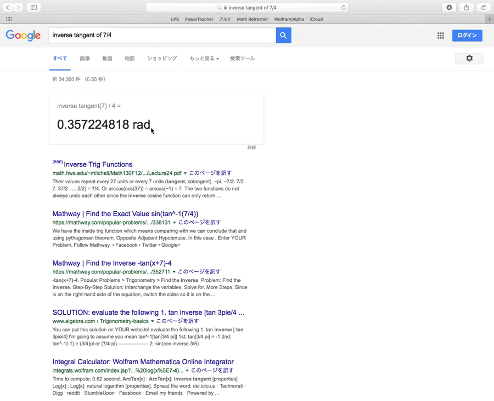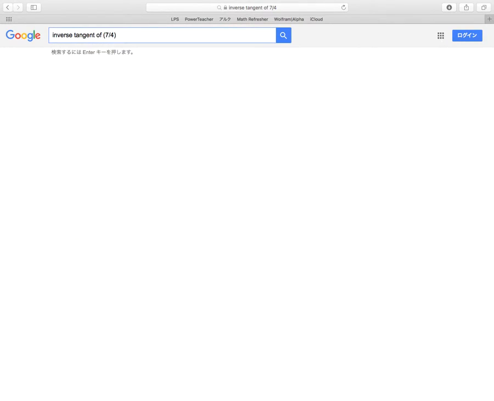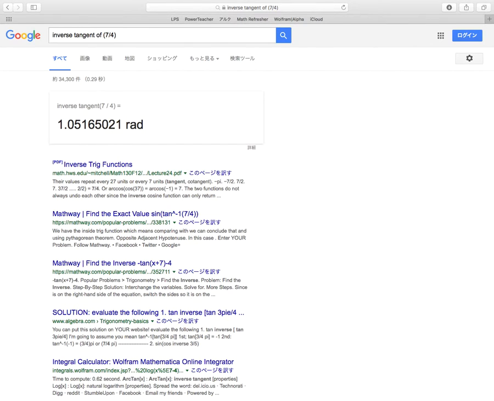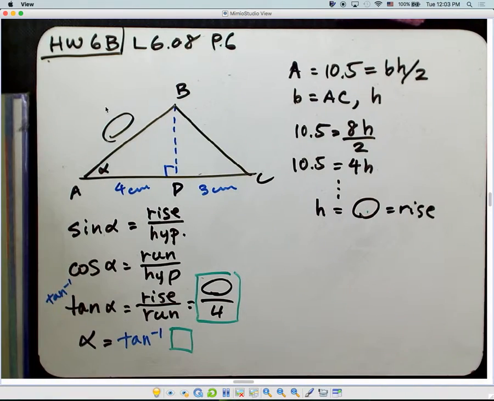Make sure to put parentheses like this. This is in radian, so make sure to put rad, or you can put this in degree. That's going to give you the degrees. Well, this is not the answer because that 7 is not the number that we get for this one.